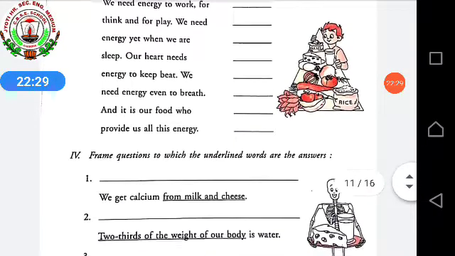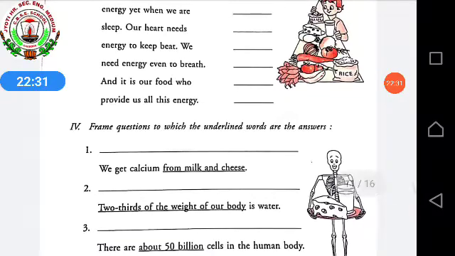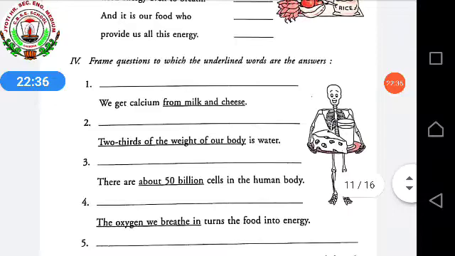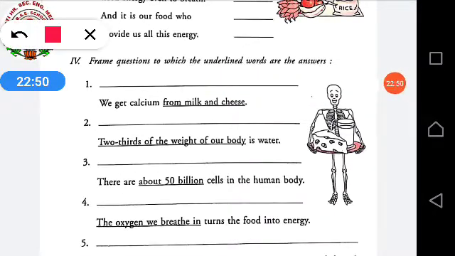Next. Frame questions to which the underlined words are the answers. Already the answers are given over here. Okay, you have to frame the question, and the question you frame will be only for the underlined words. Like the first one, from milk and cheese.